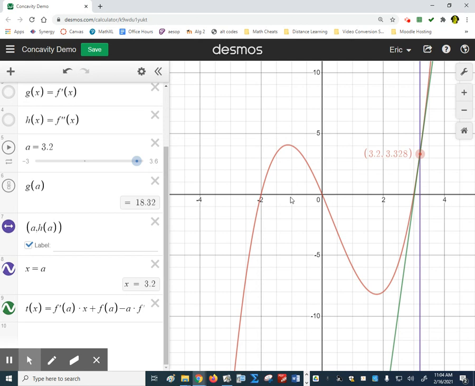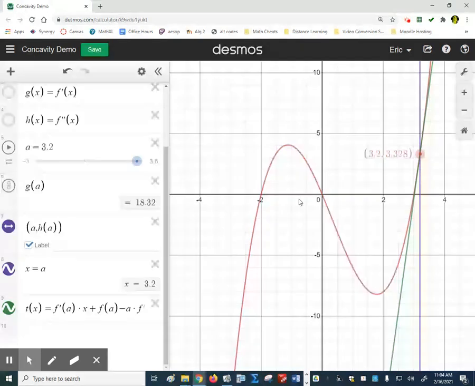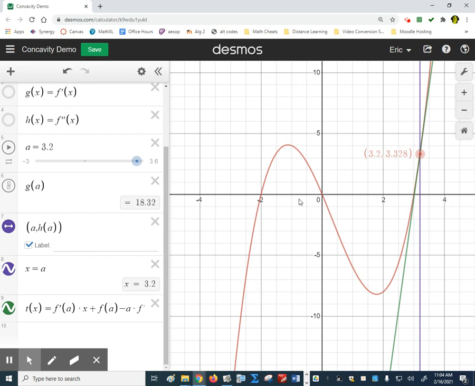So that's what we mean by concavity. You can think of it as a two-dimensional rainstorm: a concave down function, with negative concavity, tends to shed the two-dimensional water, and a concave up, positive concavity function tends to catch the water, right?